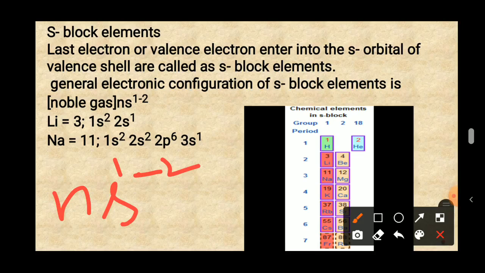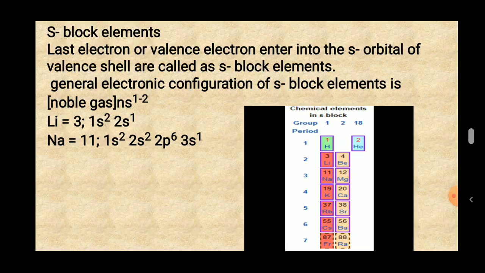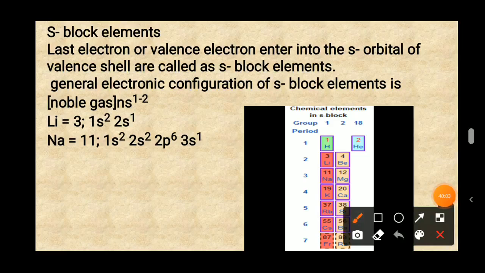Now, why have I written noble gas ns1 to 2? See, in the case of lithium, the atomic number is 3, and I have written 1s2, 2s1.